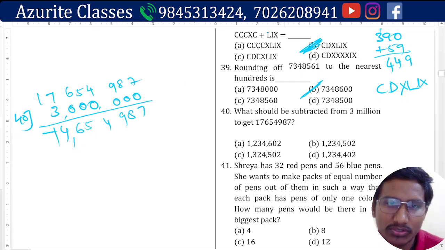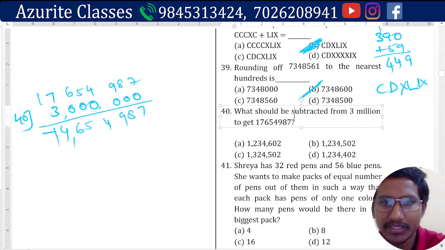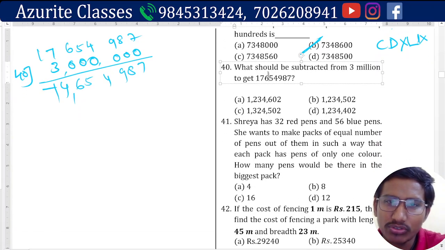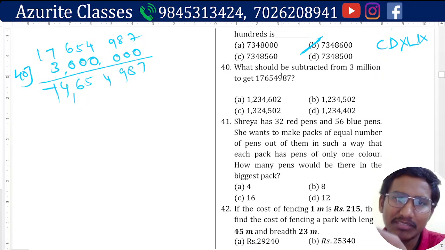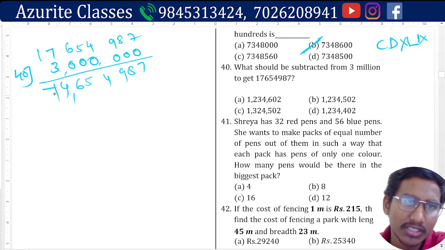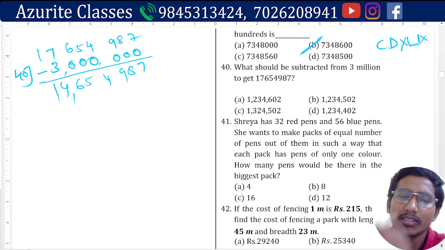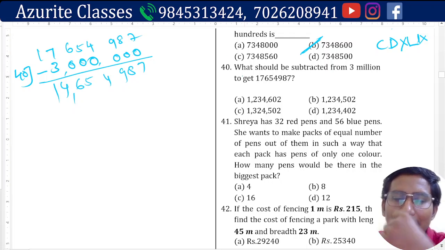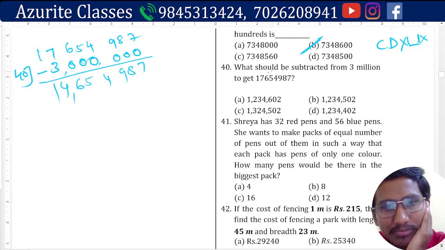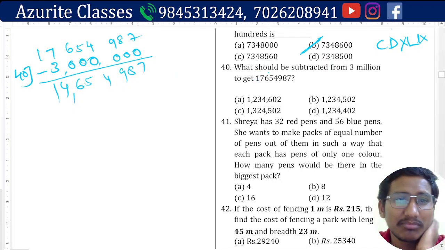So there is some mistake in the question. You can identify that maybe it is the wrong question. Because there is no answer, what must be subtracted means we have to subtract it. Understood? If you subtract, you will get the answer. But here this is given as a bigger one, so that should be a smaller value than 3 million, right?